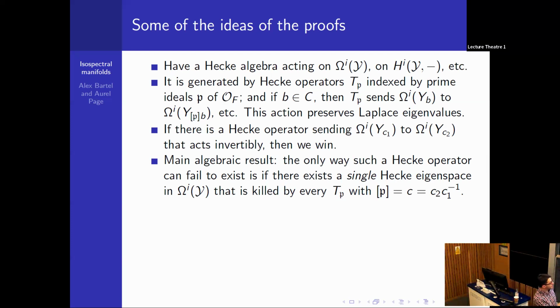It turns out that the only way you might fail to find such a Hecke operator is not if every one of them kills some line and they have nothing to do with each other, but there will necessarily be a single Hecke eigenspace in the space of differential i-forms killed by every T_P that sends this component to that component.